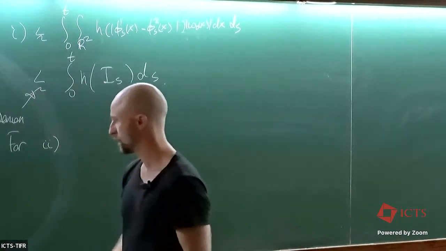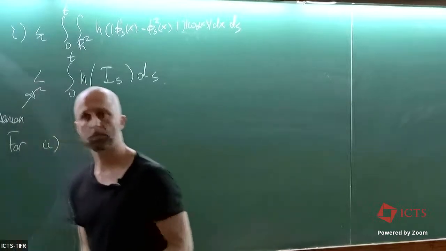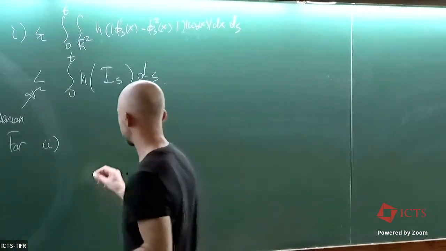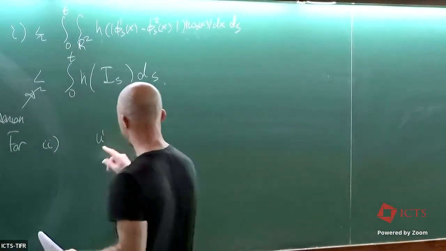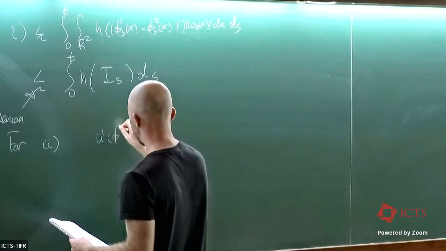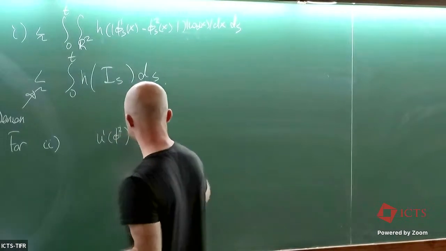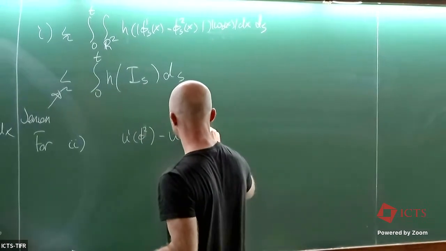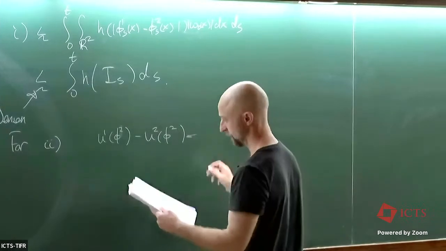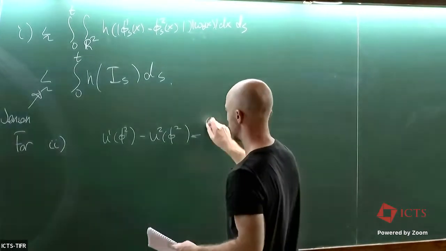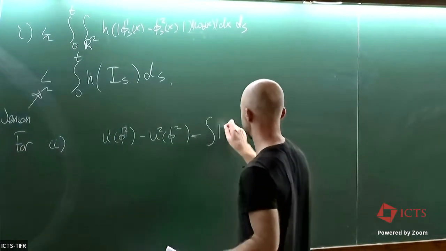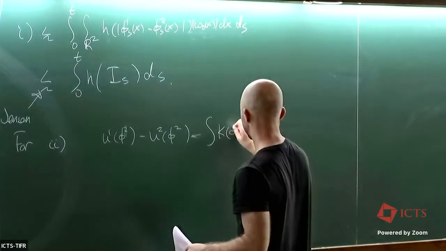So now let's try to bound 2. Let me begin by writing U1 at phi 2 minus U2 at phi 2. Let's just write out what it is. Because U1 is the convolution now evaluated at phi 2.